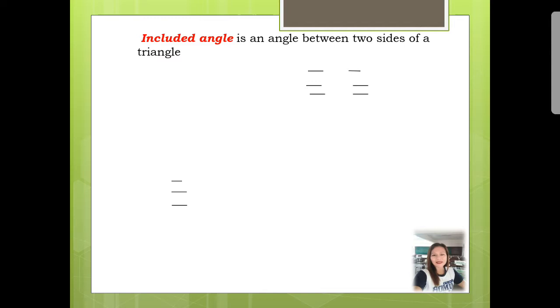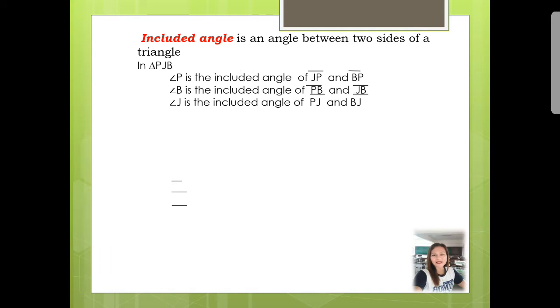So, let us have an example, triangle PJB. Angle P is the included angle of side JP and side BP. Angle B is the included angle of side PB and side JB.